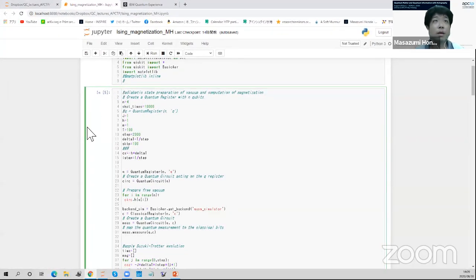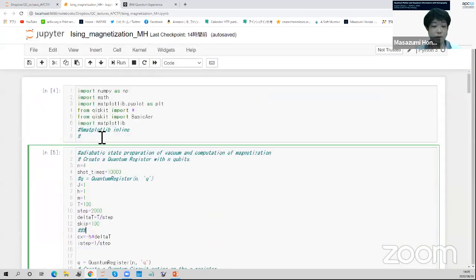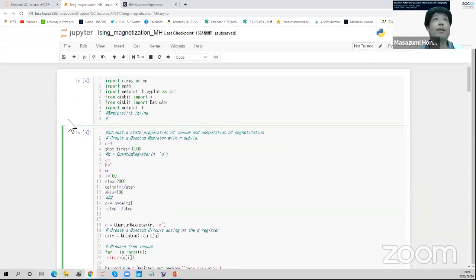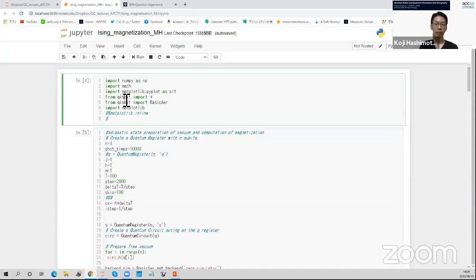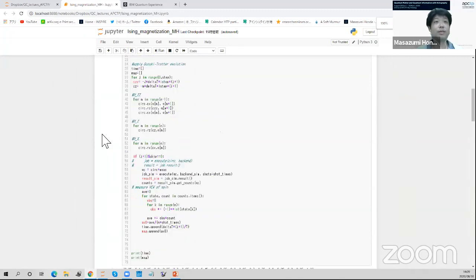This is the Python code computing the magnetization. Do you see the Python code now? Yes, we can see. Okay, thank you. You may be surprised that the simulation code is quite short. The length is like this.